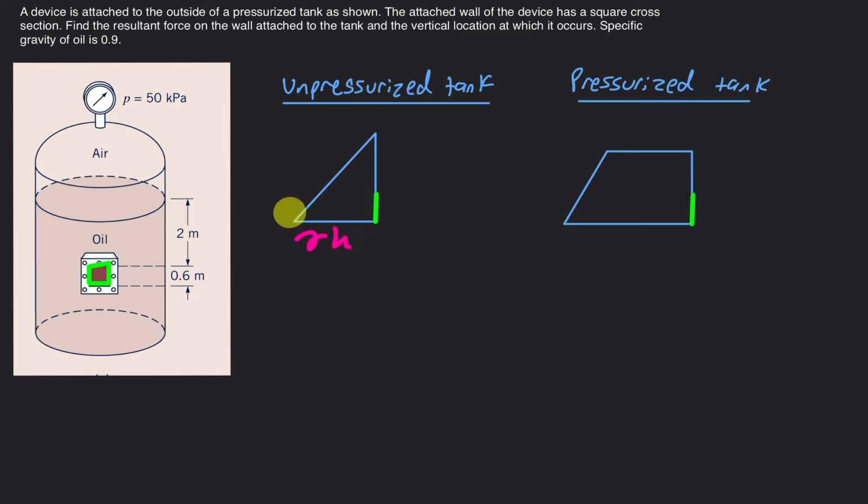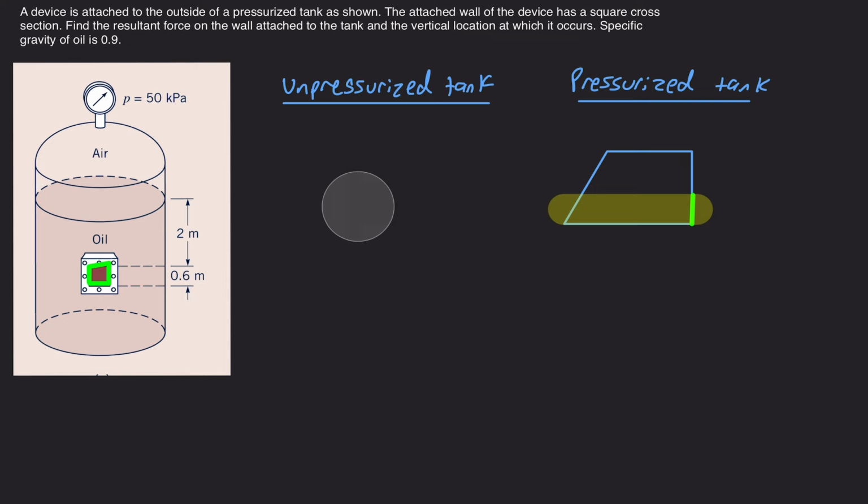Now we're asked to solve for the resultant force, so that's the volume of the section acting on the surface. So that doesn't include this top volume. But it's important to note that this volume is not the same as this volume, because this volume is larger than this volume due to the pressure at the surface, the 50 kPa acting by the air onto the fluid.